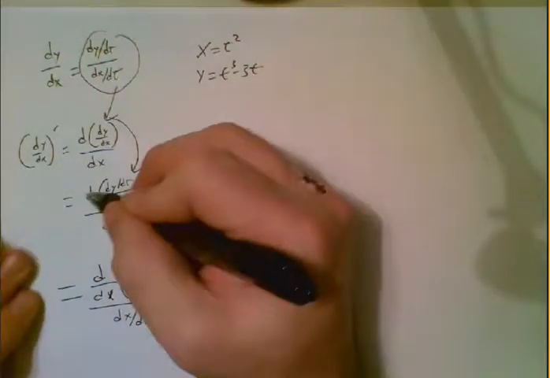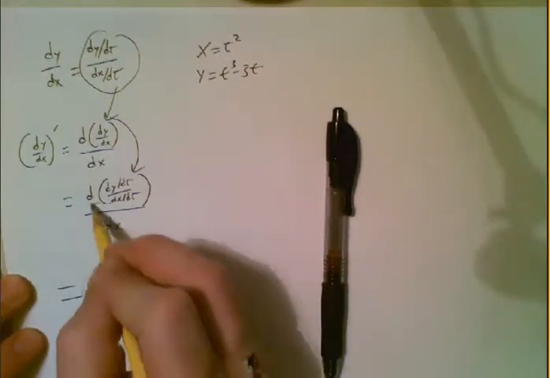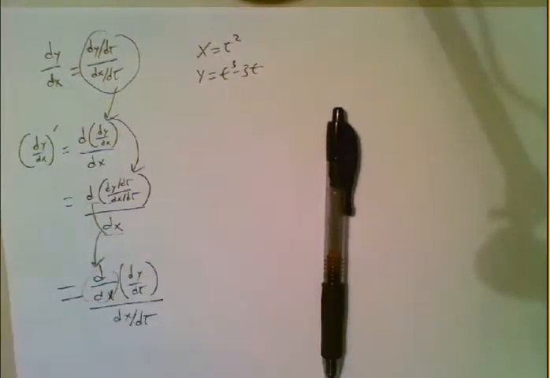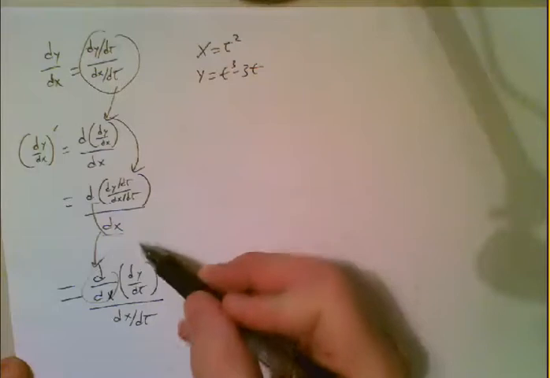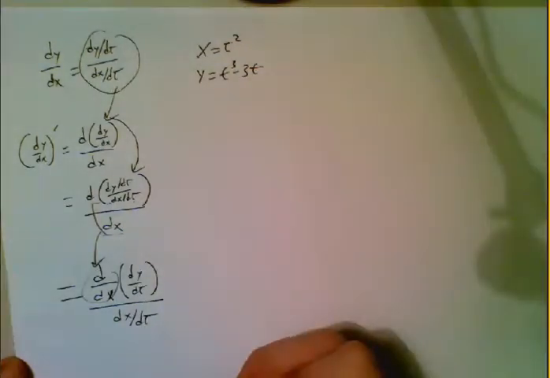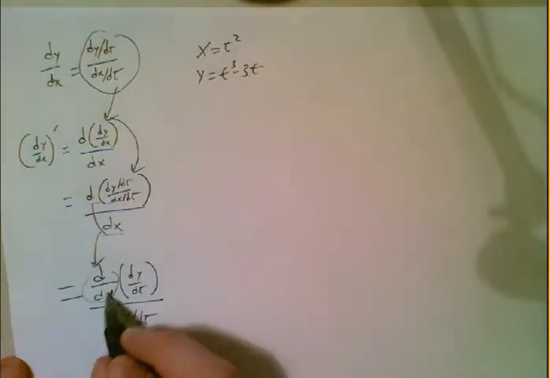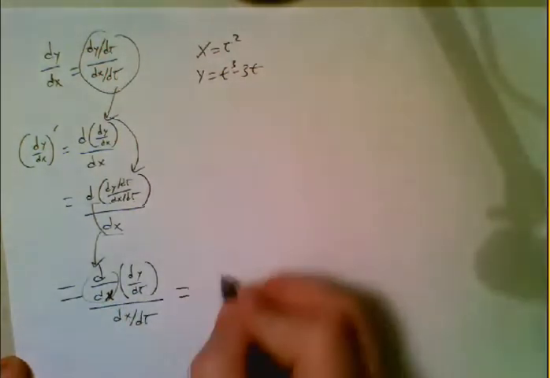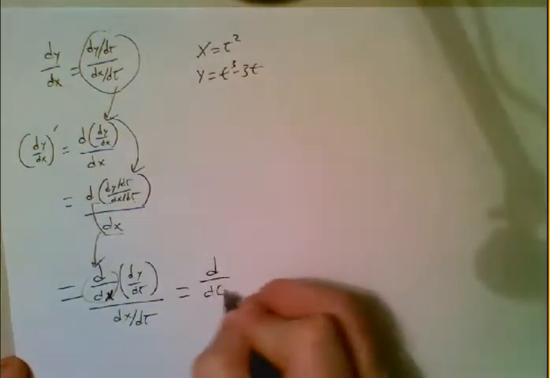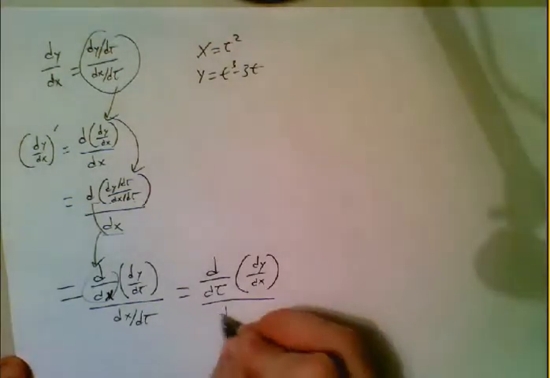So I did a little maneuvering. The d/dx is right here, and then I still have dy/dt here, and I have dx/dt here. Now, because these are both in the denominator, I can just switch these out. This is going to be d/dt of dy/dx over dx/dt.